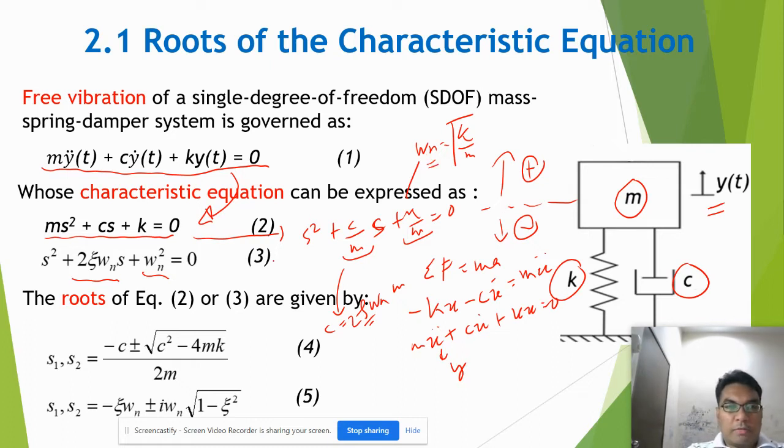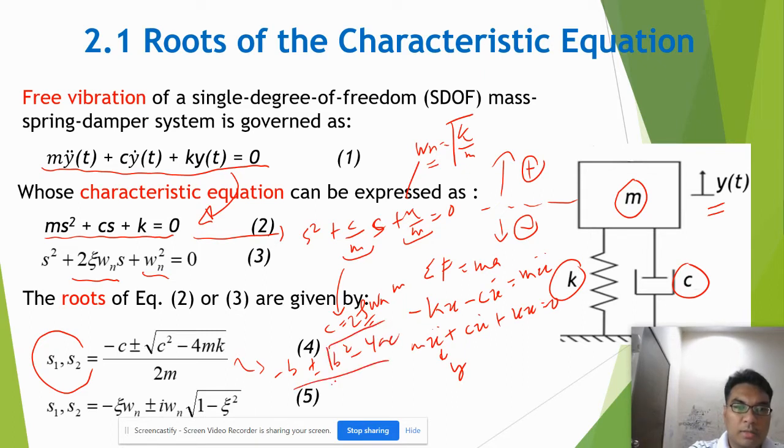From equations number 2 and 3, you can determine the roots, S1 and S2, using the typical equation that you learned in calculus: minus b plus or minus the square root of b to the power of 2 minus 4ac, divided by 2a.